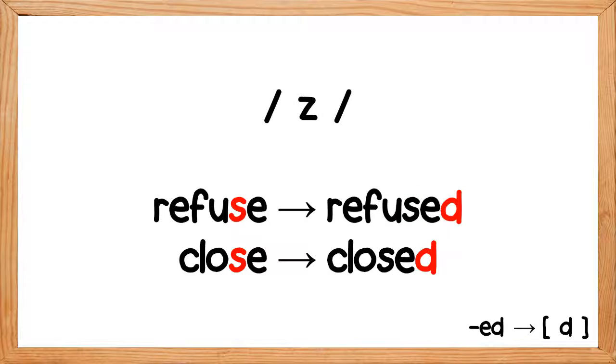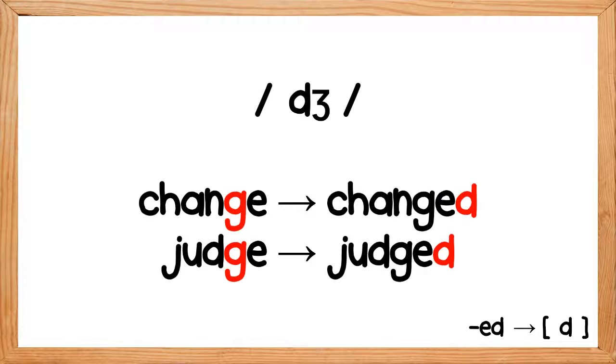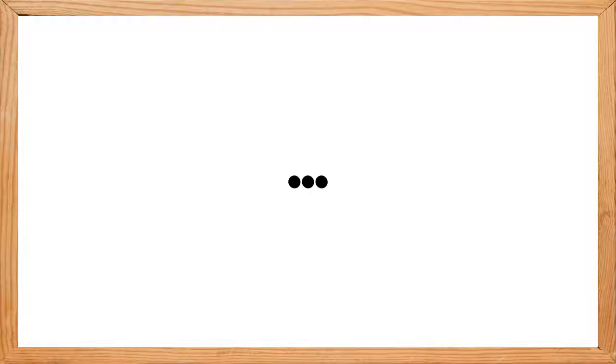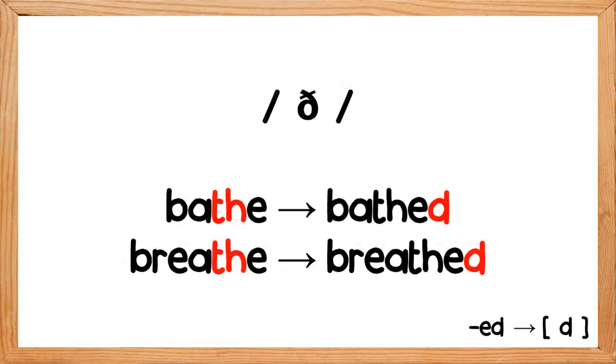Then there's the Z sound. An example is the word refuse, refused. And close, closed. There's also the J sound in the word change. Change becomes changed. Or judge. Judge becomes judged. And the final one, the th sound in the word bathe.